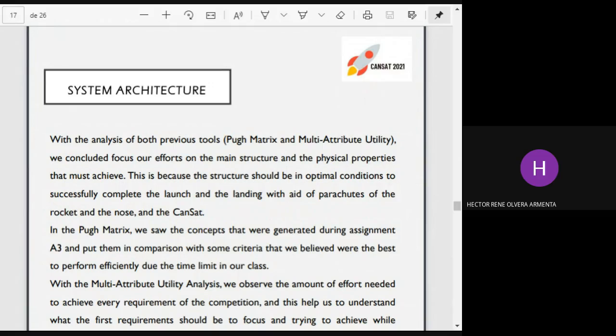That's why we should focus on the structure, because if there is any malfunction in the system, we compromise the payload and the launch in optimal conditions.